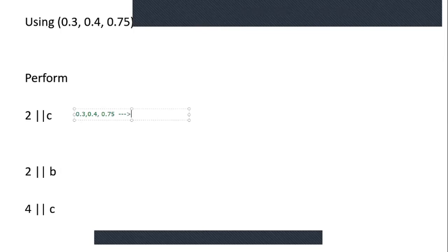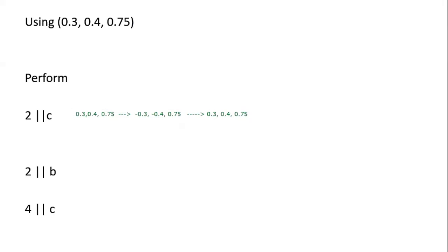That means C remains constant, it doesn't change sign, only A and B change signs. So negative 0.3, negative 0.4, 0.75. Now, if we were to do this twofold one more time, you would see we would end up back at our original starting point. So we get 0.3, 0.4, 0.75. And so this has two unique positions, the first position and then the second position.